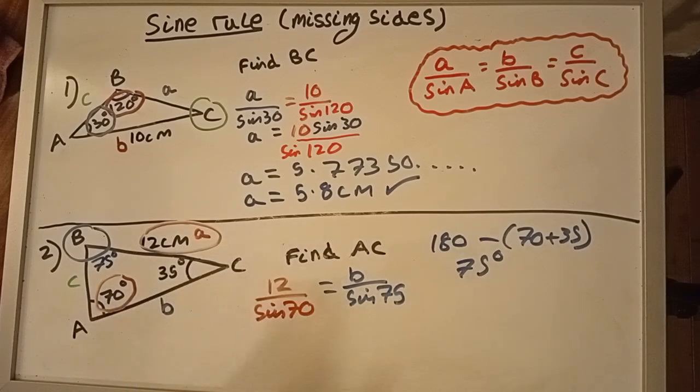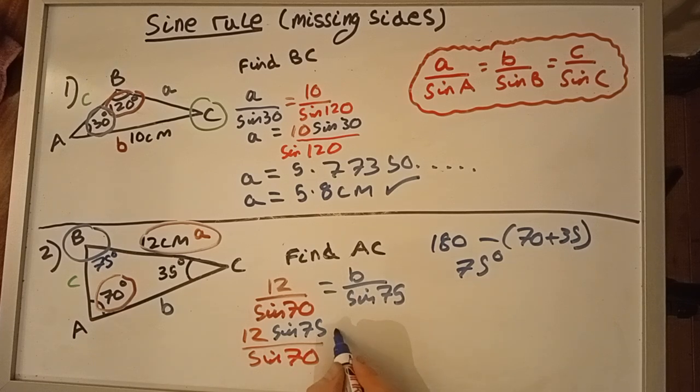And we've got our formula all set up with the information we need. Now we want to get b on its own, so we're going to multiply up by the sine 75. So I've got 12 sine 75, and that's divided by sine 70, and that will give me my b.